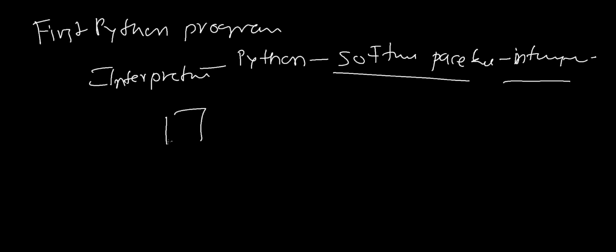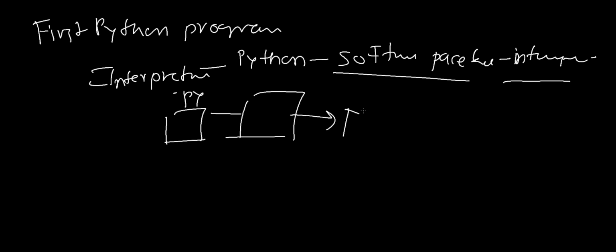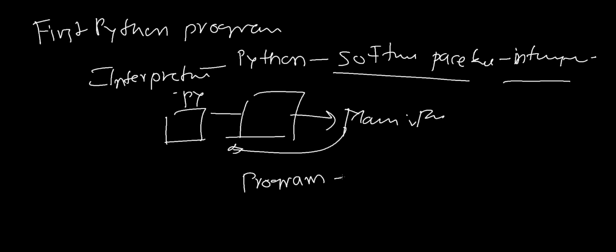The interpreter takes our program, interprets it into a machine understandable format, or executes it. So basically an interpreter is a program that executes other programs.